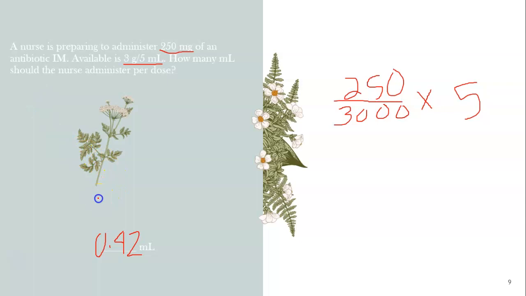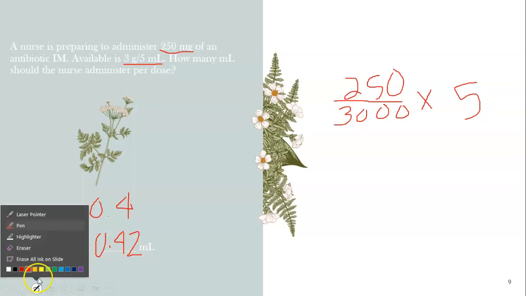If it says nearest tenth, then I'm going with 0.4. If it says nearest hundredth, then I can go ahead and put 0.42. Either way, let's go ahead and look at the answer. 0.4, because the 2 is not enough to make it the next number. Fabulous.